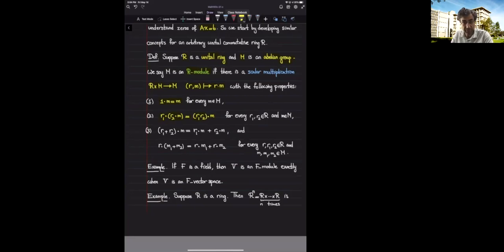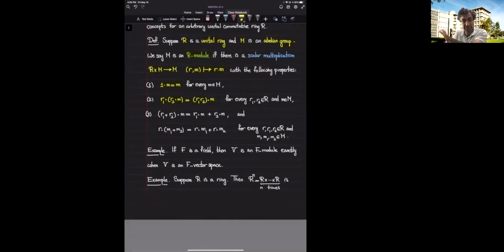So these multiplications are compatible. Multiplication inside the ring and the scalar multiplication in the module are compatible with each other. And we have distribution both on the ring side and on the module side. So these are the assumptions. These are the conditions in order to get an R module.